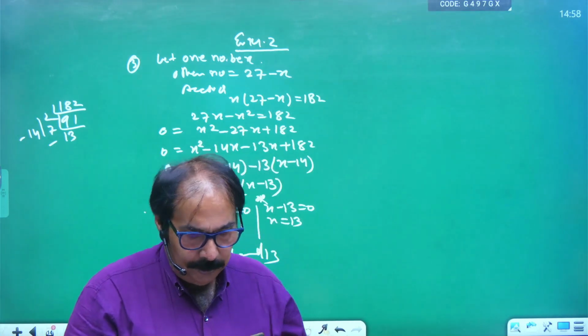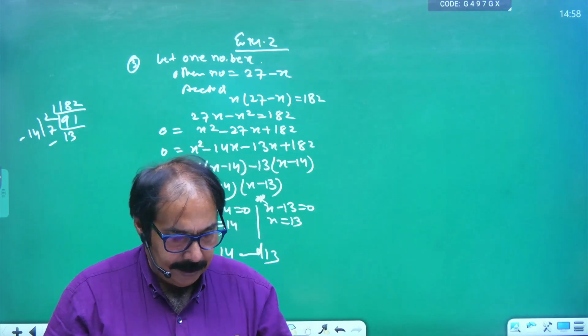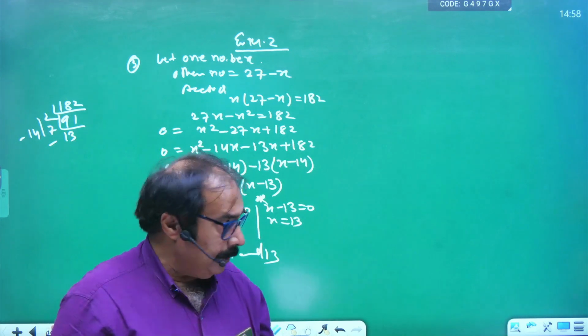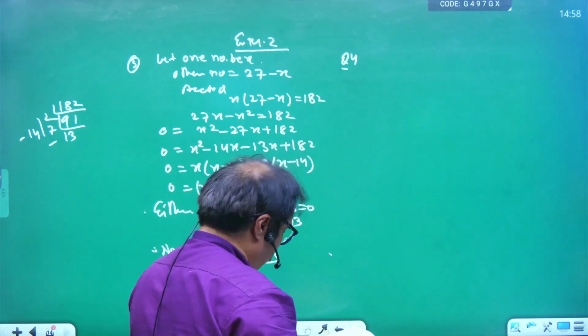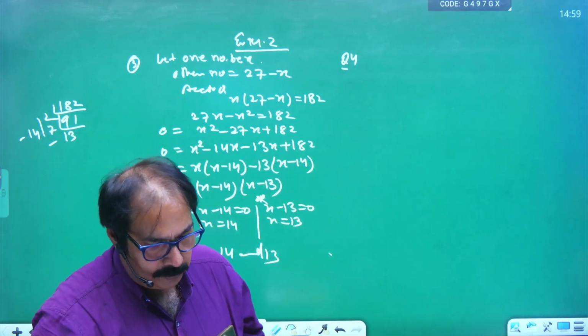So the fourth question is also the same, but I will only frame the equation and you will solve. Question number 4. Find two consecutive positive integers, sum of whose squares is 365.